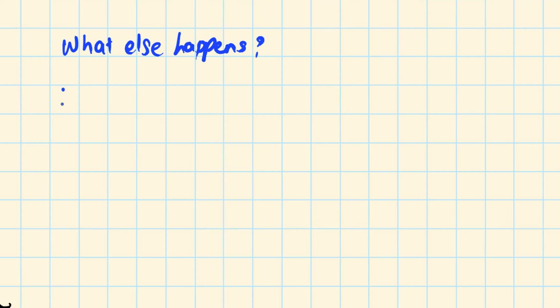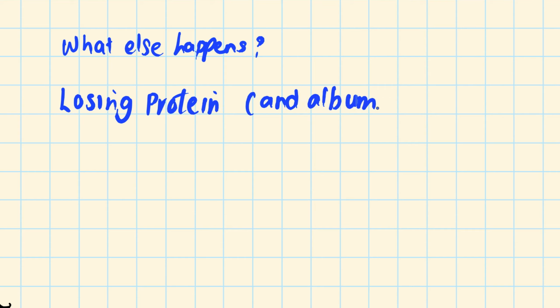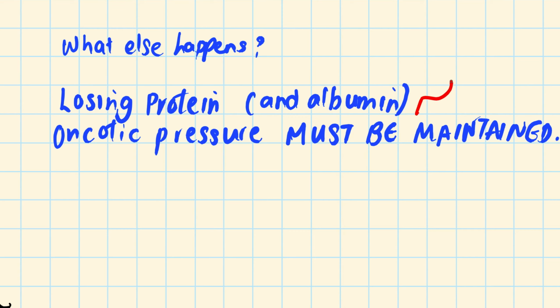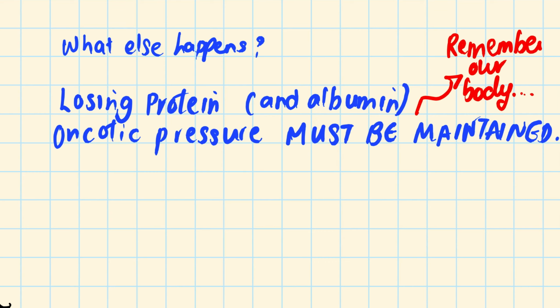So what else happens? Losing proteins means that you're getting dysregulation of your oncotic pressure. So naturally, when our body is trying to maintain homeostasis and maintain that oncotic pressure, remember our other organs will then start to compensate. And what steps up? The liver.